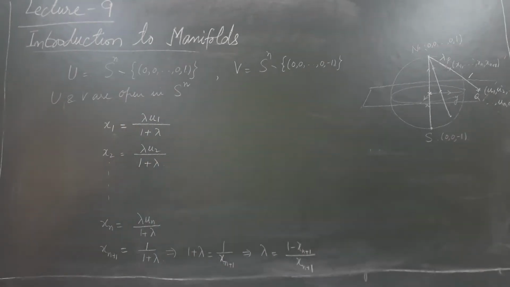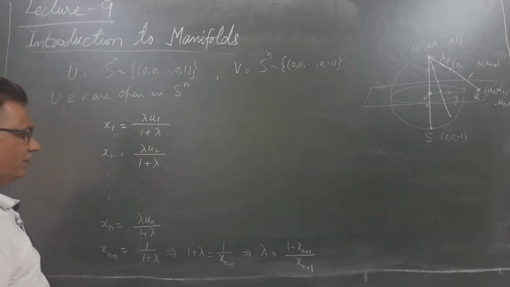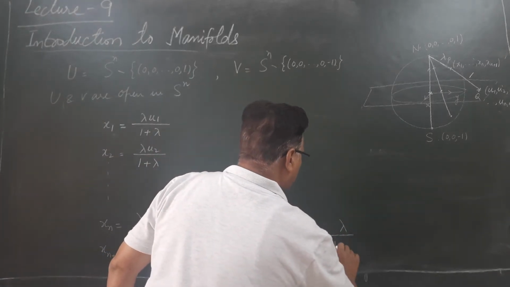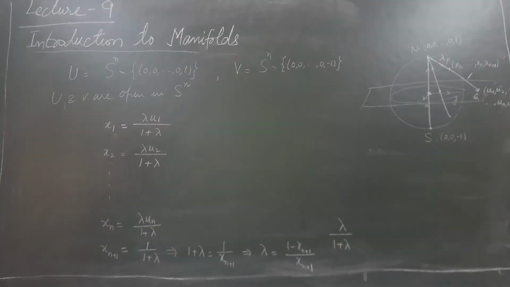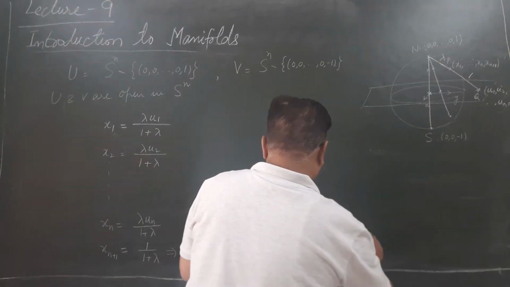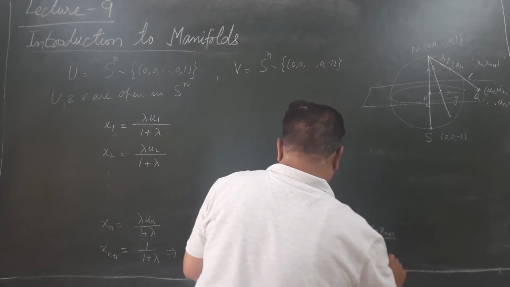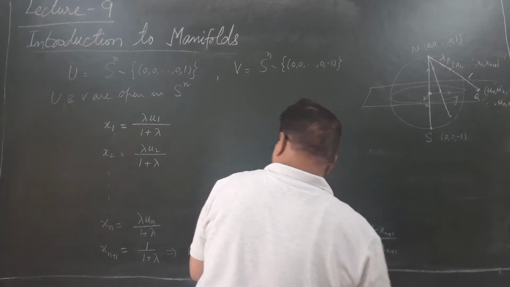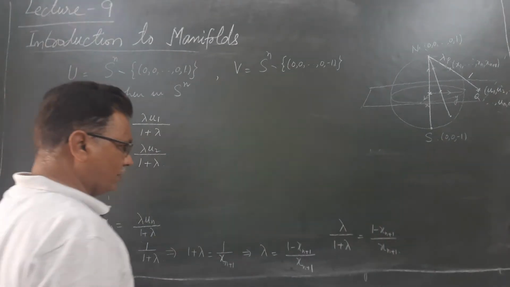Okay. So lambda upon 1 plus lambda is there everywhere. So I can see from here what is lambda upon 1 plus lambda, or I can say that it is lambda into 1 upon 1 plus lambda. So lambda is equal to 1 minus xn plus 1 upon xn plus 1. This is lambda. 1 upon 1 plus lambda is xn plus 1.